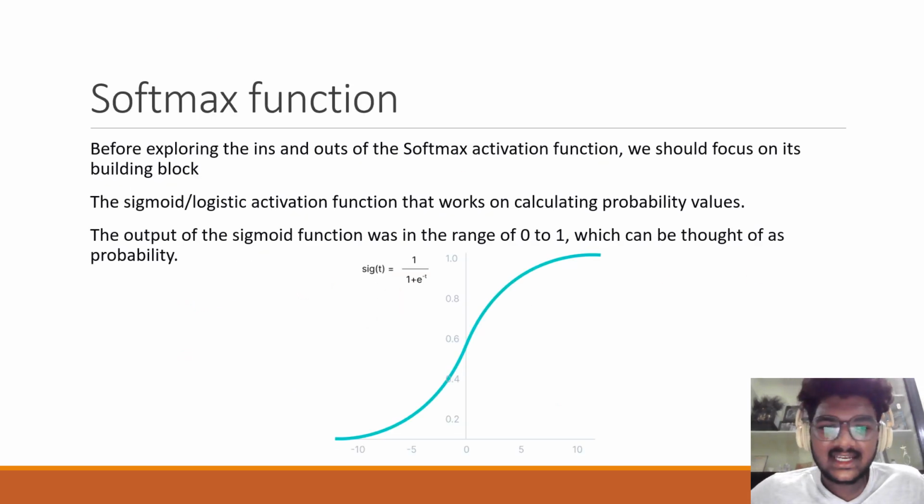So, the softmax activation function. In the previous slides, we were talking about the sigmoid activation function, which is also known as the logistic activation function, which works for calculating probabilities, and its output lies in the range of 0 to 1, which can be thought of as a probability.